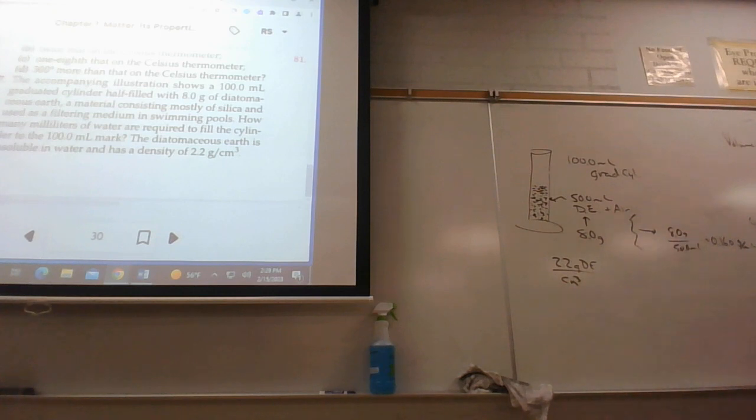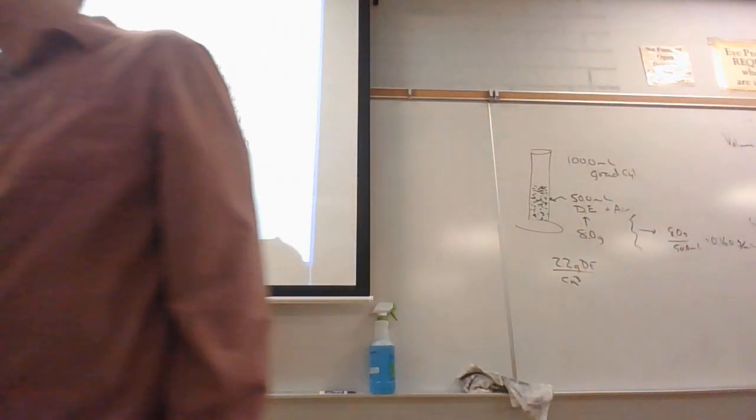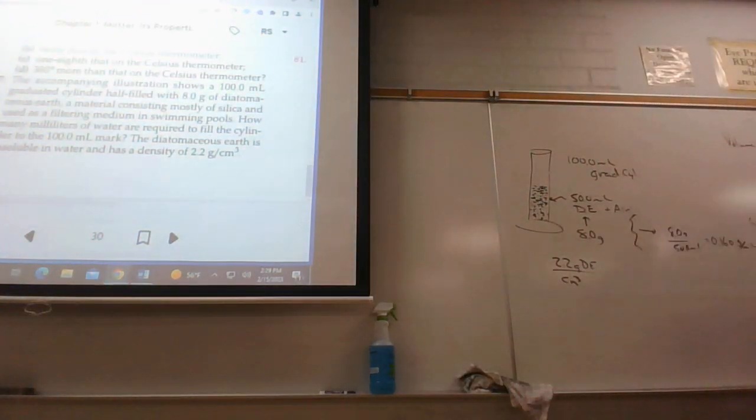Let's just get it in milliliters, since 1 milliliter is the same thing as 1 cubic centimeter. The actual space that the diatomaceous earth takes up is going to be 8 divided by 2.2. It's 3.63 milliliters.